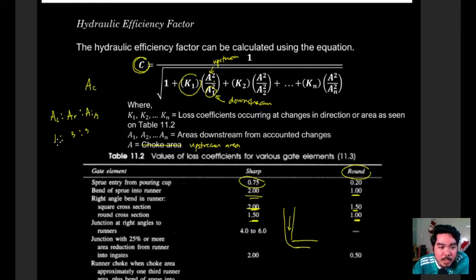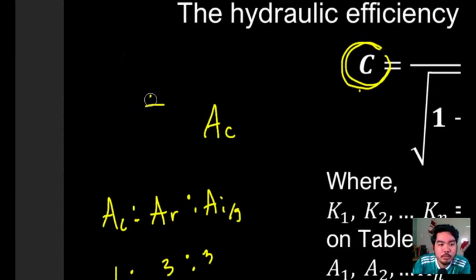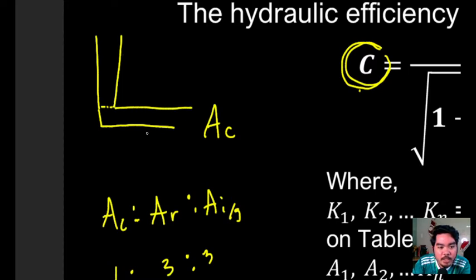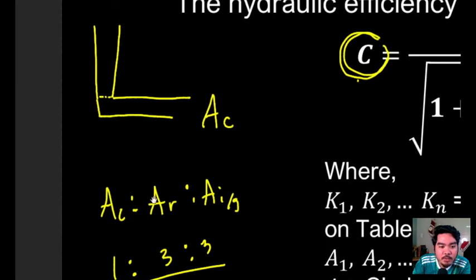Okay, so with that in mind, pwede mo actually ma-solve na to, no? So for example, if this is a choke area, kunwari lang, this is a sprue, tapos ito yung choke area niya. It is entering a runner, para ganyan. And we know that the gating ratio is 1:3 for choke to runner.